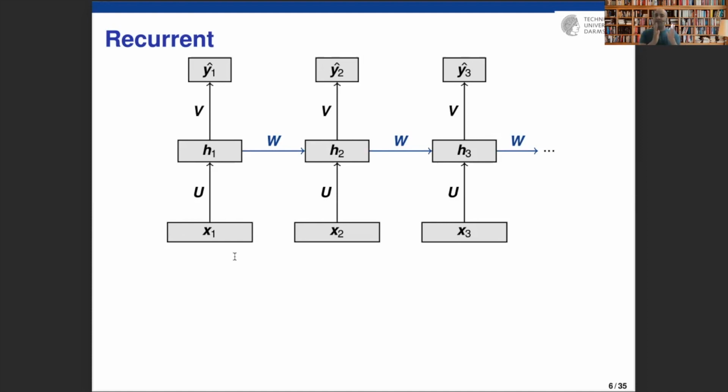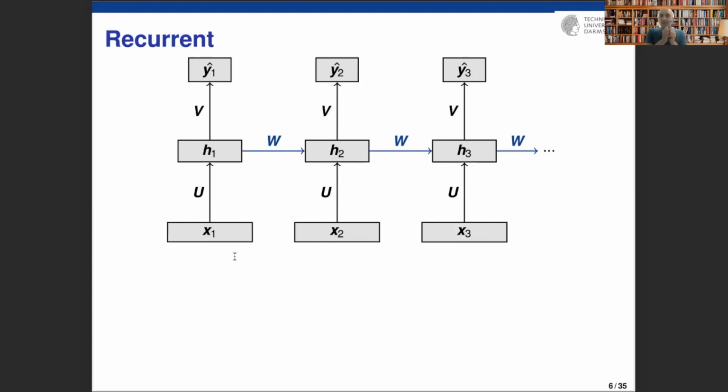So this matrix is fixed. We always use V to transform a hidden state to an output vector like Y hat, and we always use matrix W to transform a hidden state from a previous step to the hidden state of the current step. And these U, V, and W are trainable parameters.